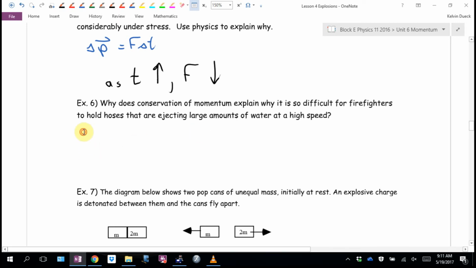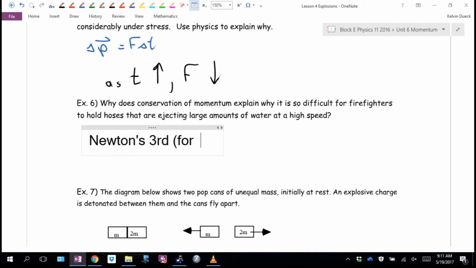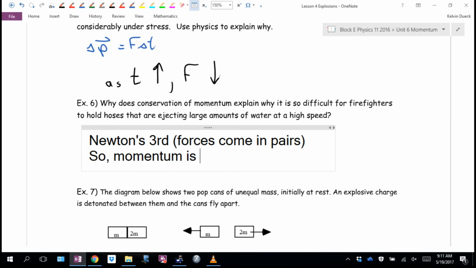It's also Newton's third. It's both, because conservation of momentum came out of Newton's third. We said forces come in pairs. Oh, and if it's the same object in a collision, the time is also the same. So force times time, impulse, will be the same, which means momentum is conserved. So yeah, you can say Newton's third, forces come in pairs, so momentum is conserved.